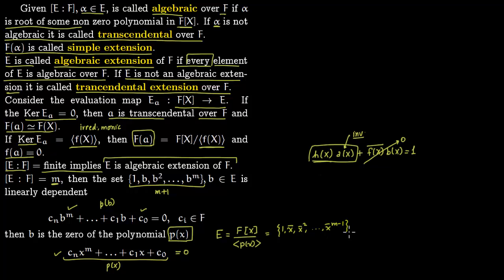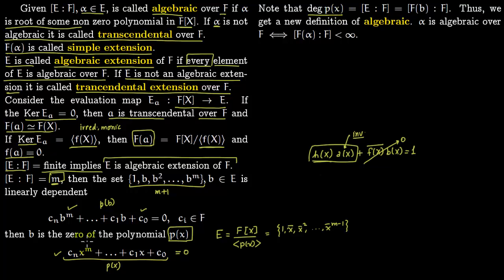So m terms, including 1, which is the degree here. So the degree of P(x) is m, which is equal to this extension degree. So this is just a simple extension, but the degree is m.